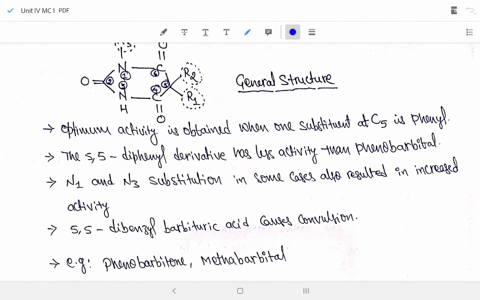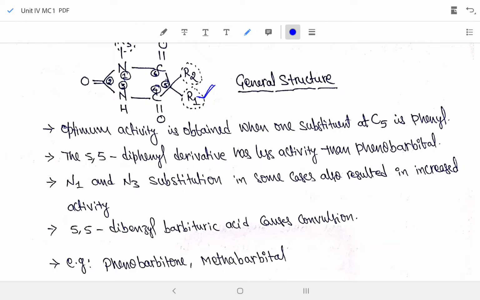If you need optimum activity of a barbiturate as an anticonvulsant, it should be substituted with a phenyl group at fifth position. At least one of these two should be a phenyl group. The 5,5-diphenyl derivative, that means two phenyl groups substituted at R1 and R2, has less activity than one phenyl group substituted. If substituted with one phenyl group, it has more activity than two phenyl groups at R1 and R2.